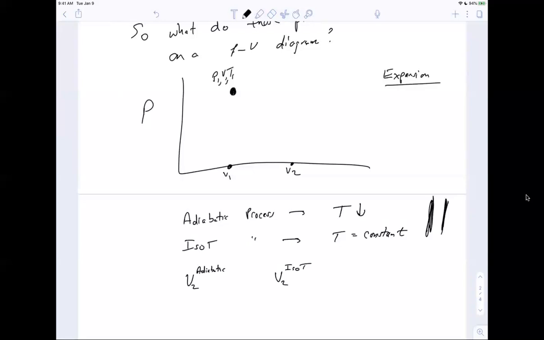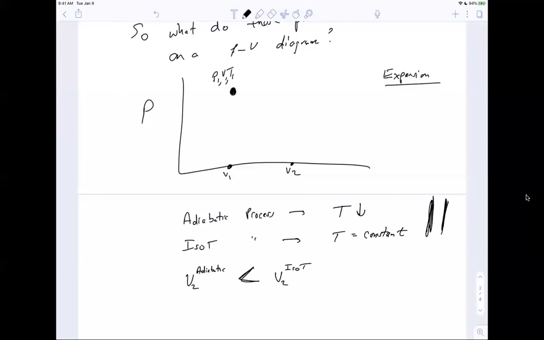Because T and V are proportional. Okay, that's right. And so in one case, temperature is lower than the other case. And so the volume would have to be lower, right?